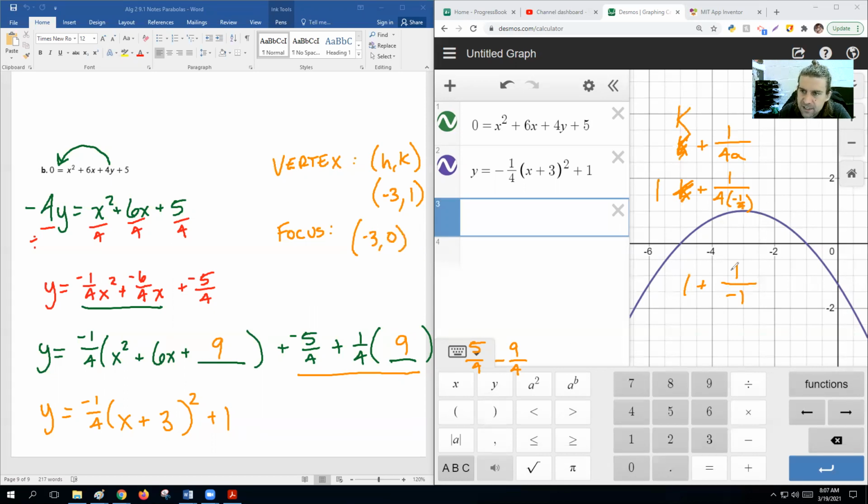And the directrix is the same thing. It's the equation y equals k minus 1 over 4a. So it's going to be the same thing here, except it's going to be minus 1 over -1. So what's 1 plus 1? That would be 2. And we can double check that if we go through and just graph those things.